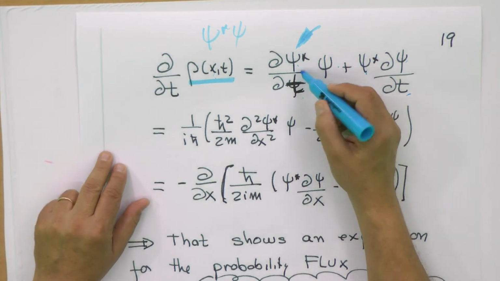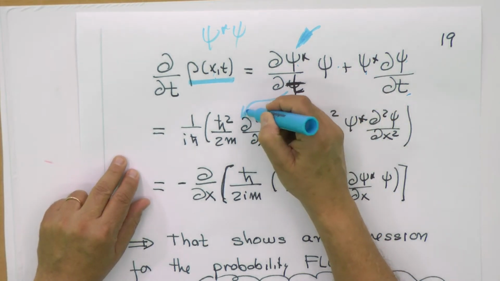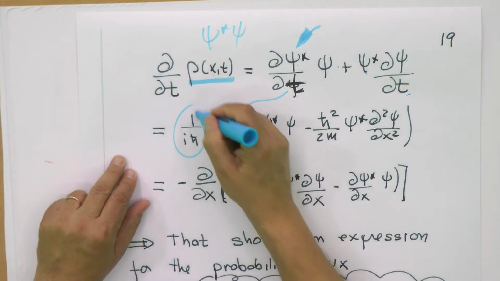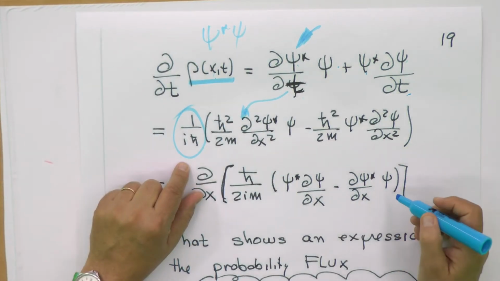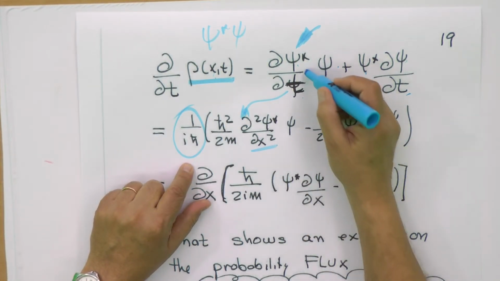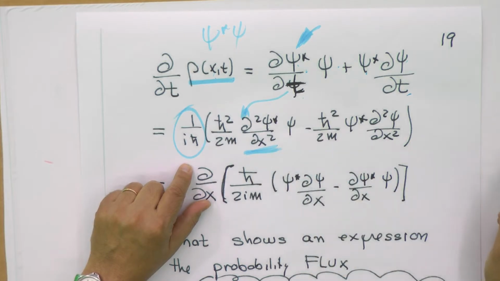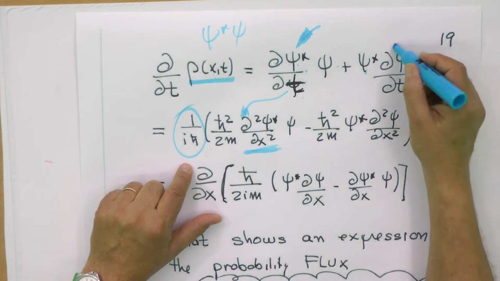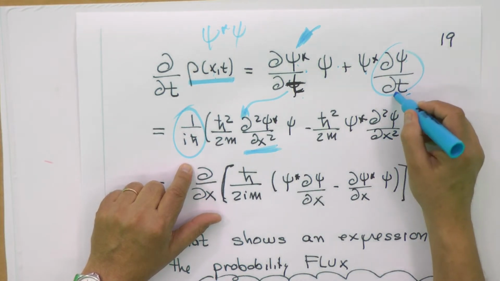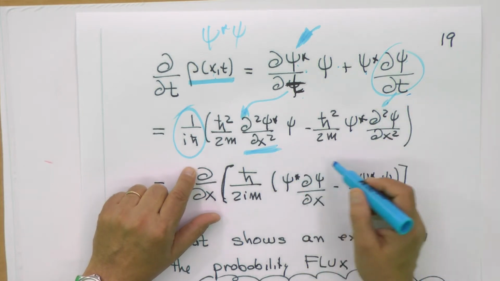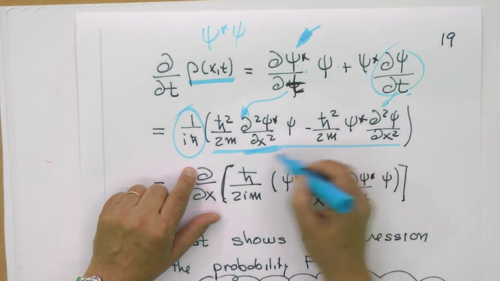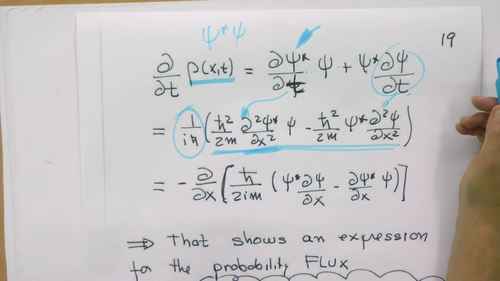So I'm going to replace this one by this. You have to put a term in here because there is i h bar there. But then the time derivative became the second spatial derivative. And in the place of this one, I'm putting this one here. So this is what I have at the end of the substitution, which is simple.